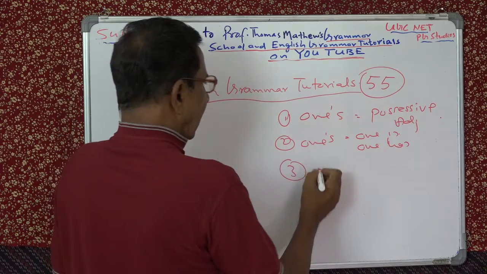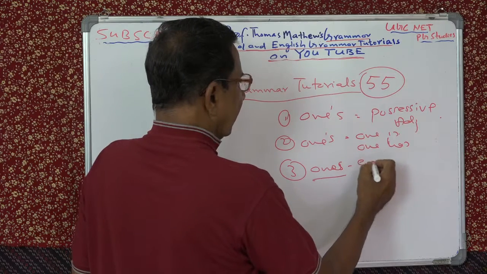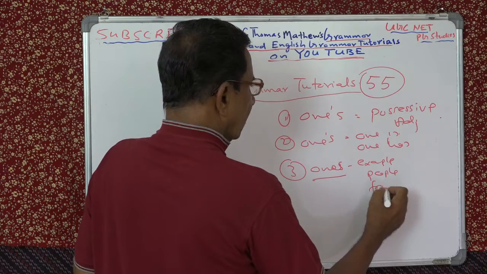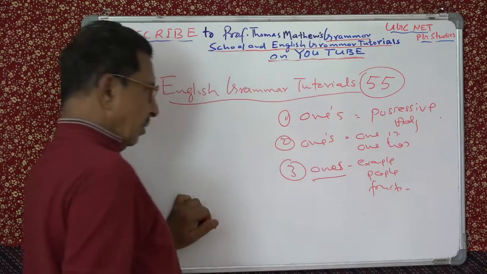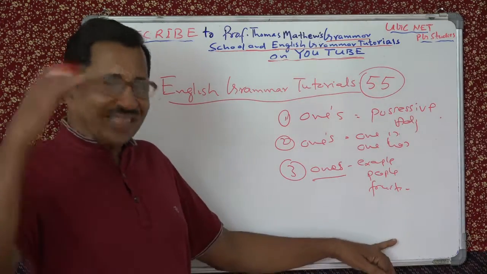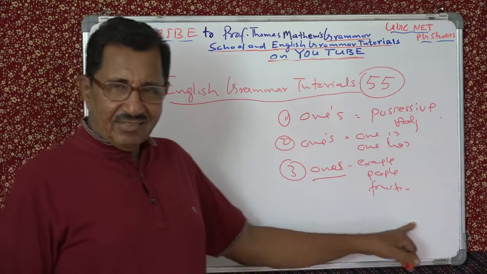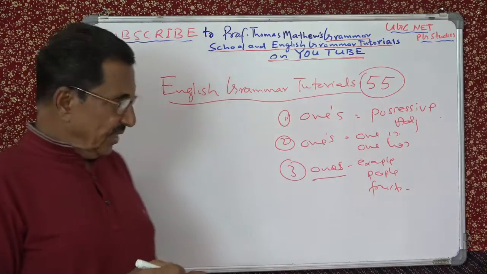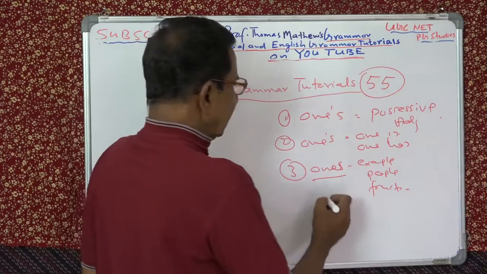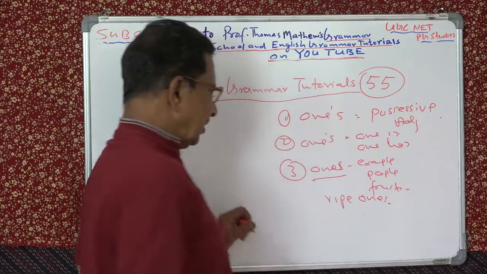Third, without apostrophe, that is ones: examples, people, fruits, and so on. Old ones, old people. Old ones, old things. These ones, these examples. These ones, these things. Right ones, right fruits, and so on.